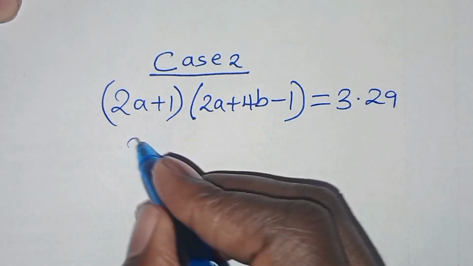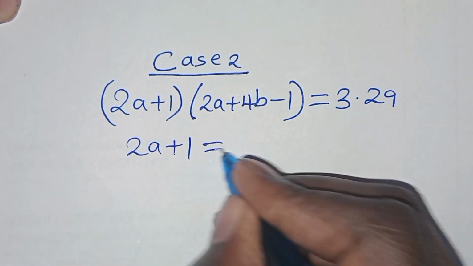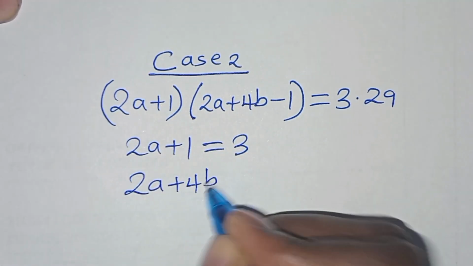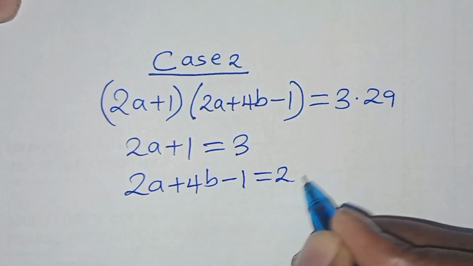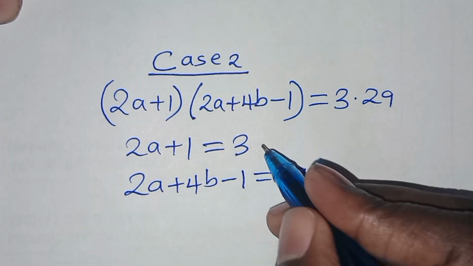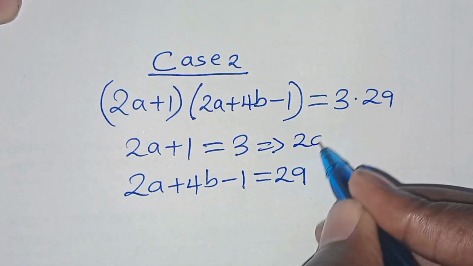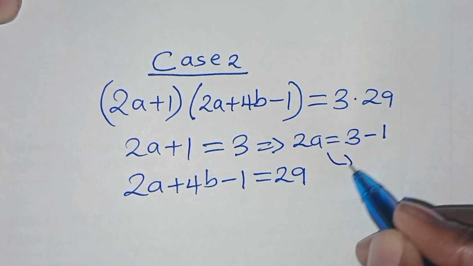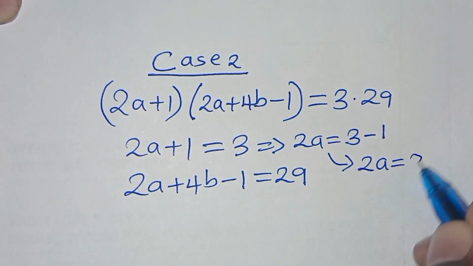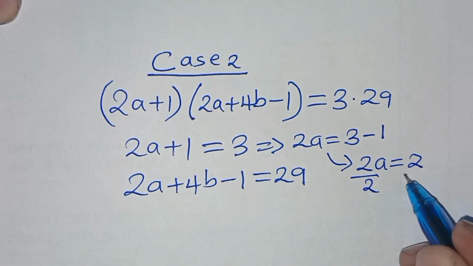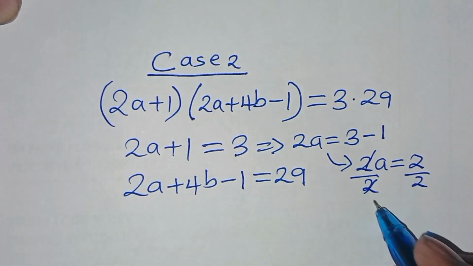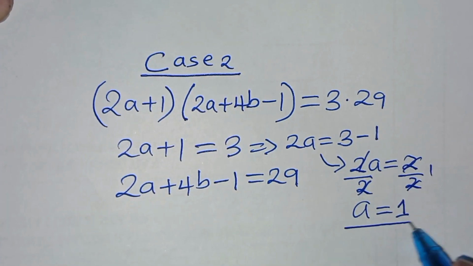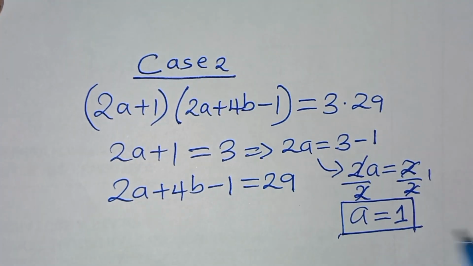So this implies that we have 2a plus 1 is equal to 3. And the second step, we have 2a plus 4b, subtract 1 is equal to 29. So from here, we have 2a is equal to 3 subtract 1. So this implies that here we have 2a is equal to 2. So divide both sides by 2. And that means that a is equal to 1. So we have the value of a as 1.